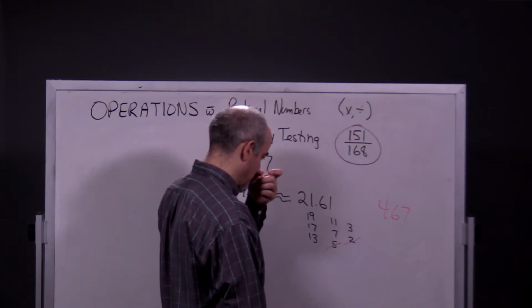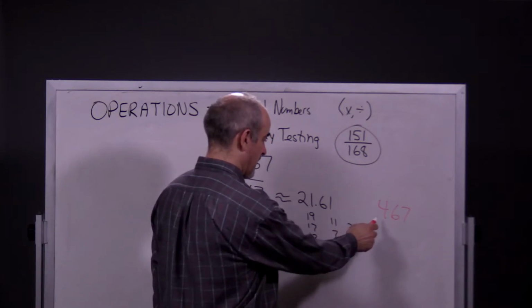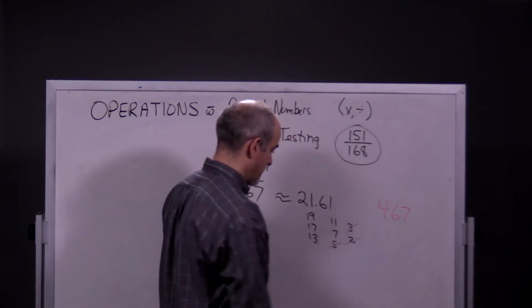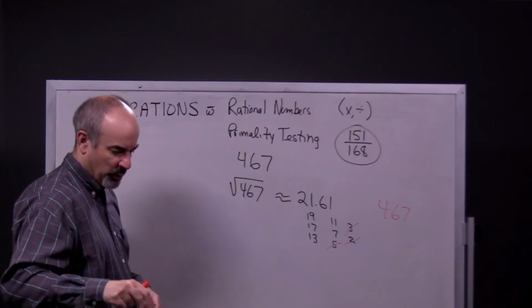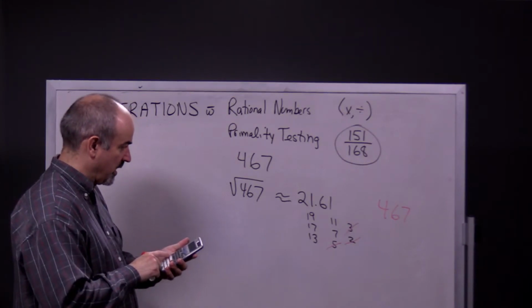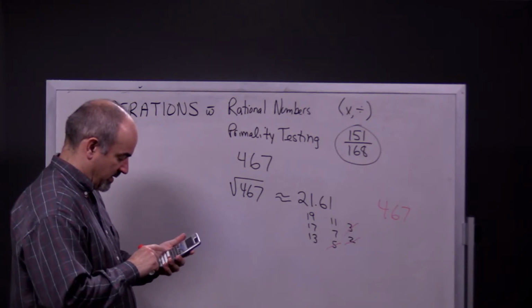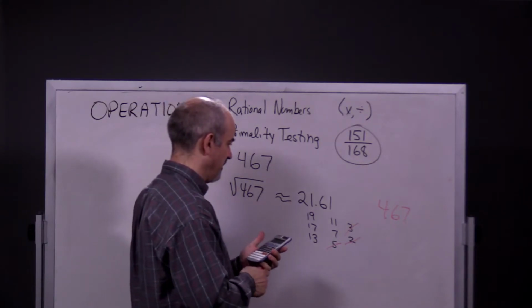Those are easy to get rid of just using our divisibility rules. 3. These digits don't add up to something that's divisible by 3. 7. We didn't talk about the divisibility rule for 7, but one thing you can do is just take 467 divided by 7. It doesn't come out to a whole number, so that doesn't work.